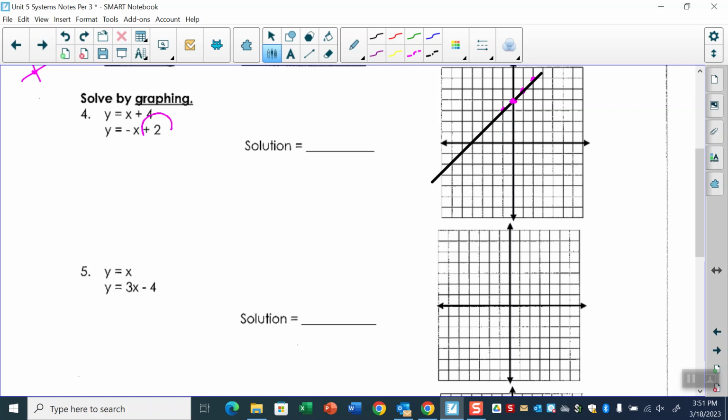And then now I want to have a y-intercept of 2. So here's 1, 2. And then now this slope is negative 1. So I'm going to go down 1 over 1, down 1 over 1. Okay, and then I'll go ahead and draw that, connect these dots.